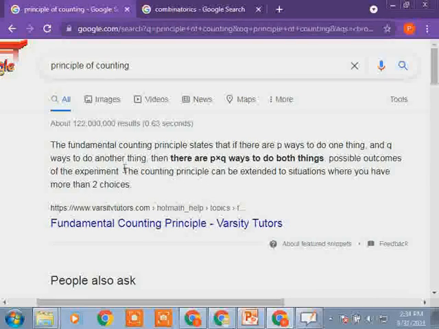Okay, and this can also be generalized. The counting principle can be extended to situations where you have more than 2 choices.